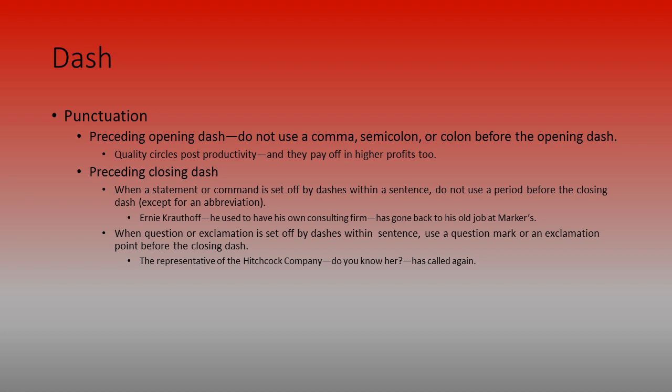Don't use a comma, semicolon, or colon before the opening dash. It should just be the dash. When the statement or command is set off by dashes, don't use a period before the closing dash, except in an abbreviation. And when a question or exclamation is set off by dashes, use the question mark or exclamation point before the closing dash.